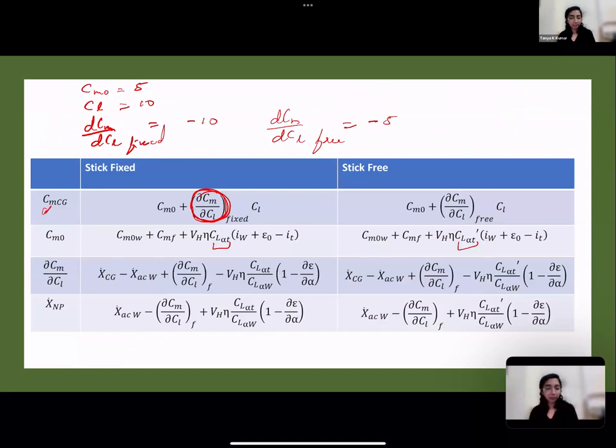Then dCM by dCL, what is the difference? Again, the only difference is the CL alpha tail. Equations are very similar, only some terms are different. It's mostly just CL alpha tail, even your X bar NP is just CL alpha tail prime. The pattern of the equations is the same.